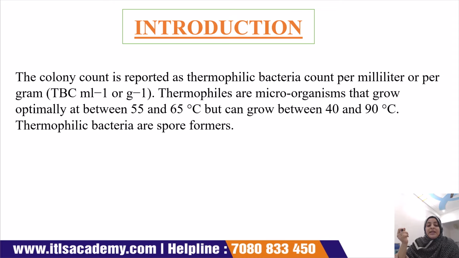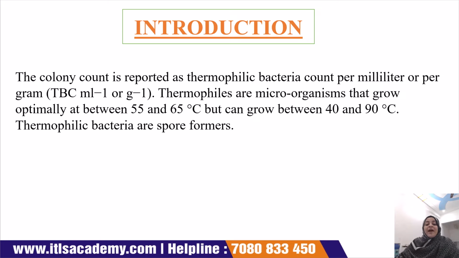The colony count is reported as a thermophilic bacterial count per milliliter or per gram. Now, how do we express thermophilic bacteria in a sample, either as bacterial count per milliliter or bacterial count per gram.